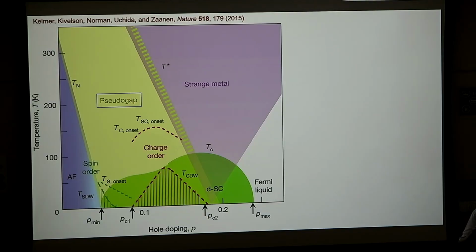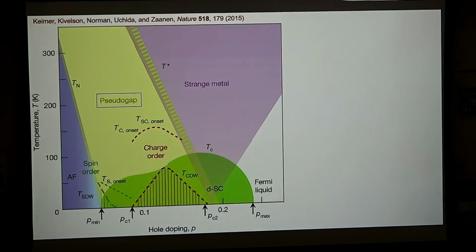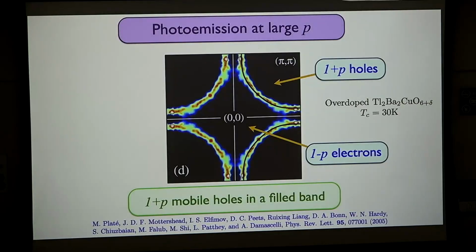photoemission and magnetotransport. So if you do photoemission, and if you're on the overdoped side, so if you're over here in this region, then you see a beautiful Fermi surface. So the electrons are in this region, and the holes are here.